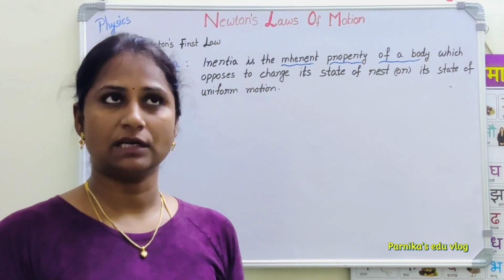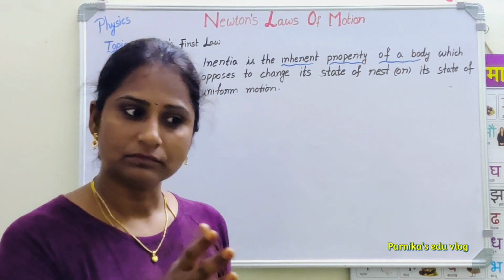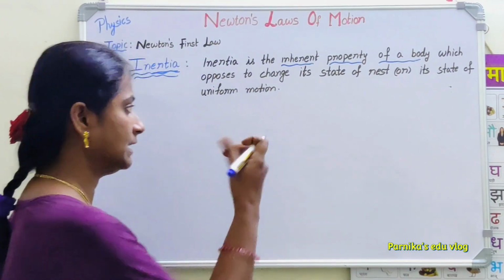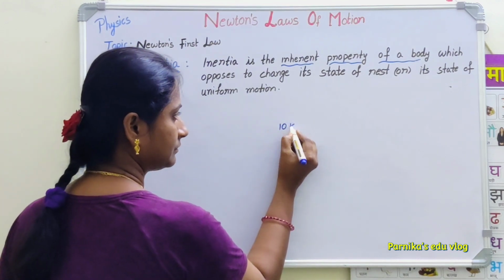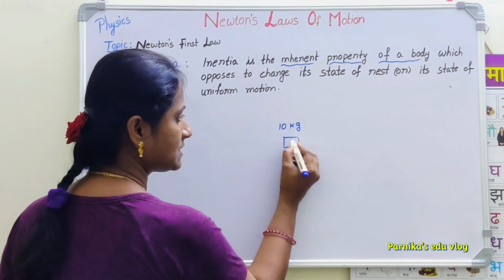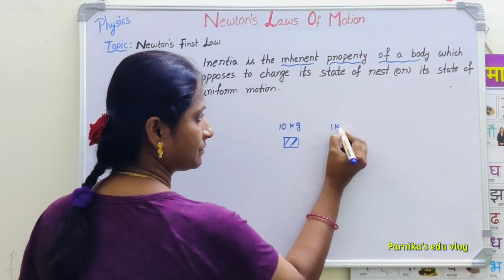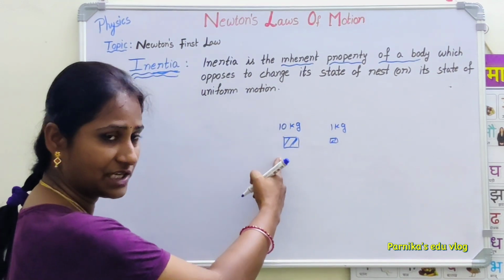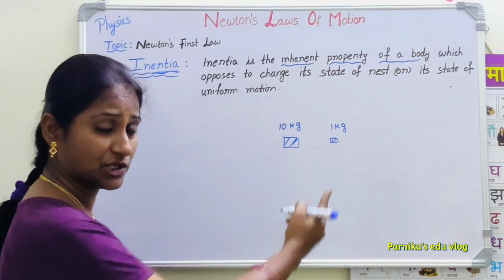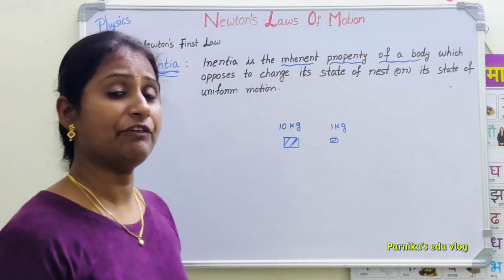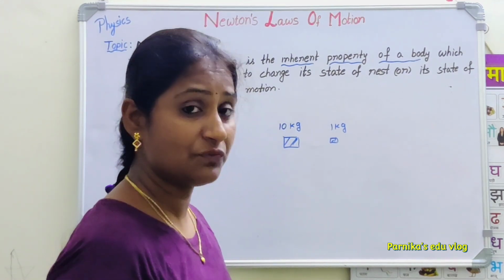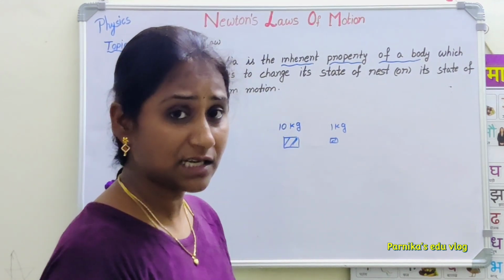Suppose one object is 10 kg and the other object is 1 kg. Which object has more inertia? Can you give the answer?